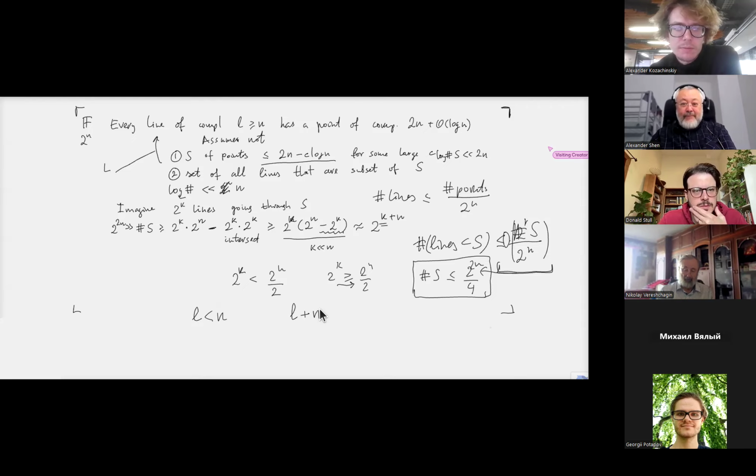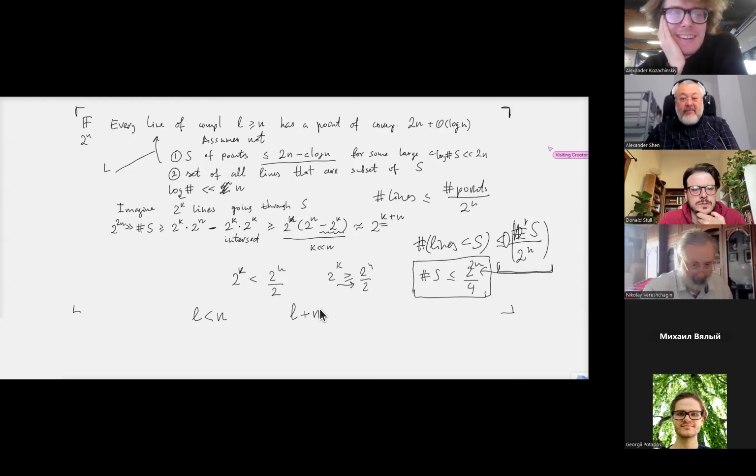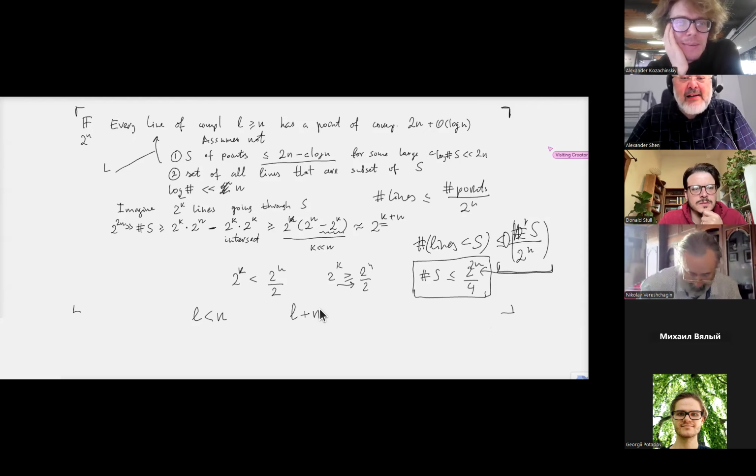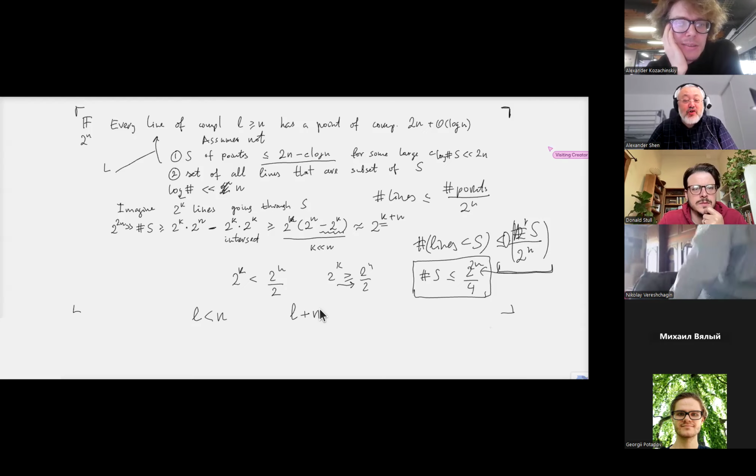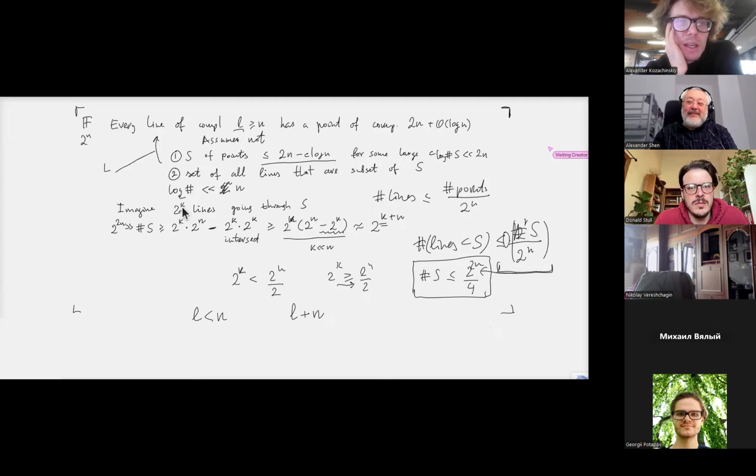Basically, if I have complexity k, given what is written already, then it has a point of complexity k plus n. Unfortunately it's written inconsistently, here is L and here is K. But anyway, the point is that if I have 2 to the L lines, then they more or less cover 2 to the L plus n points, and inclusion-exclusion says that it's unavoidable.